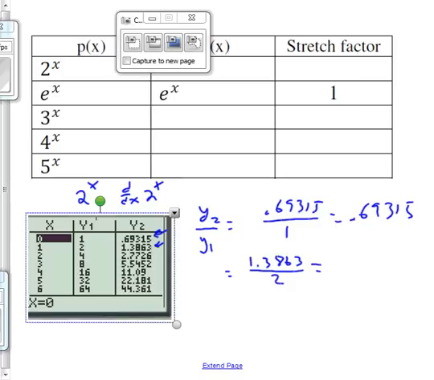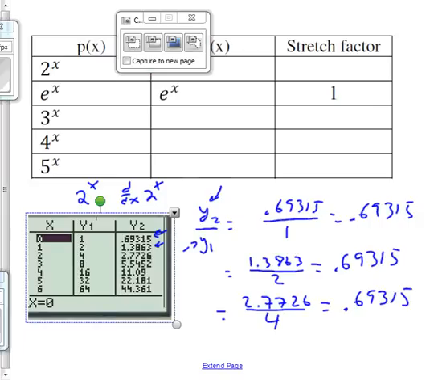This also equals 0.69315. Interesting. So there's some relationship, the stretch or ratio, between the derivative and the function itself. If we did one more, 2.7726 over 4, and oh my gosh, once again we get the same thing back. So the stretch factor of 2 to the x is 0.69315.